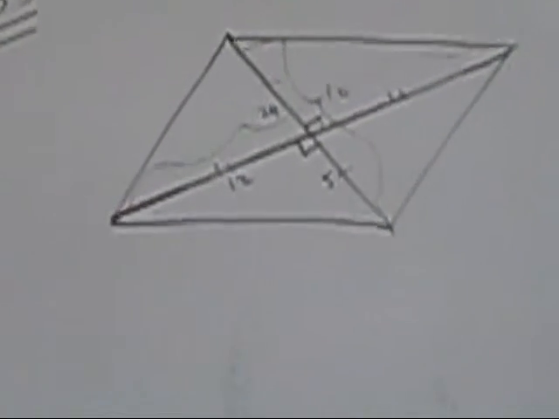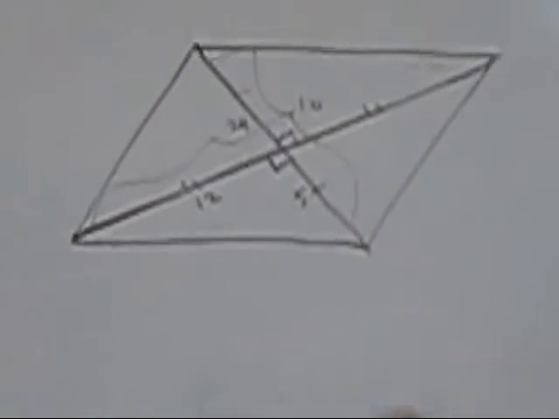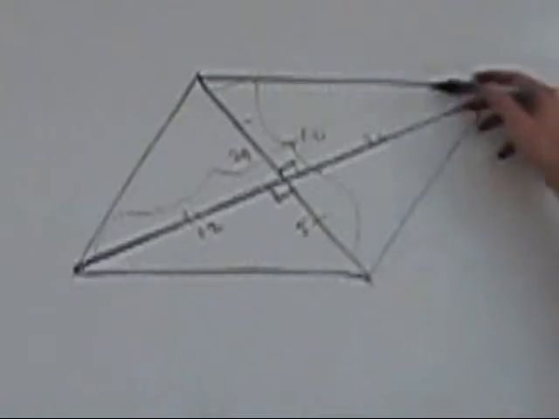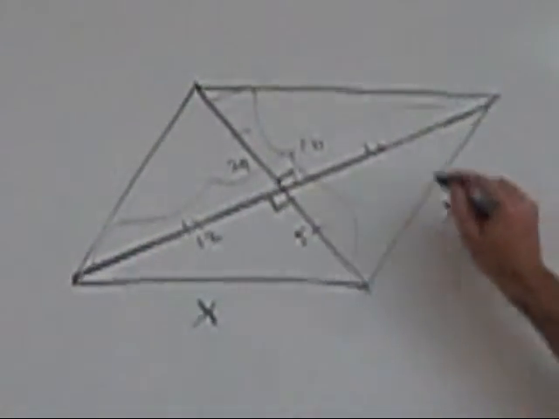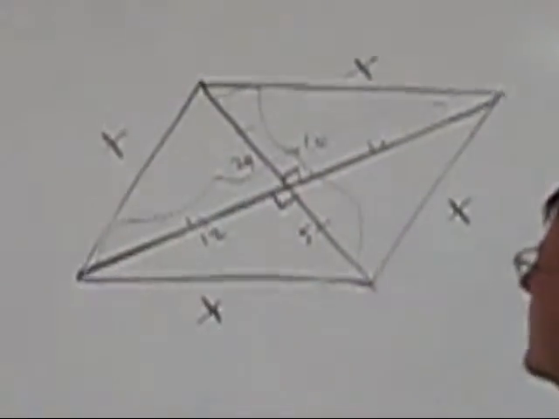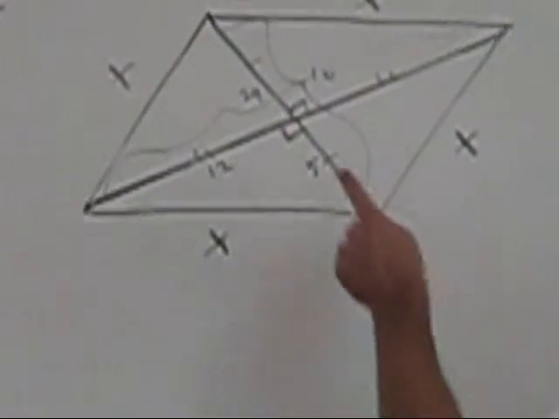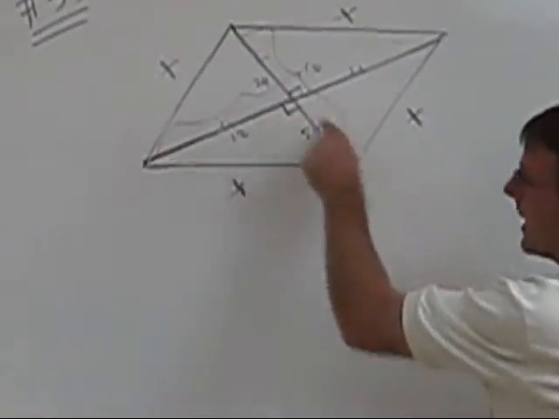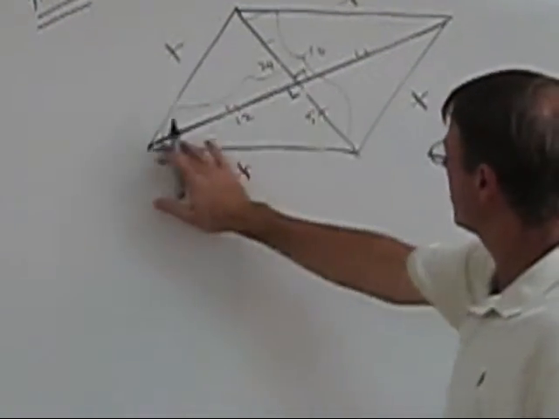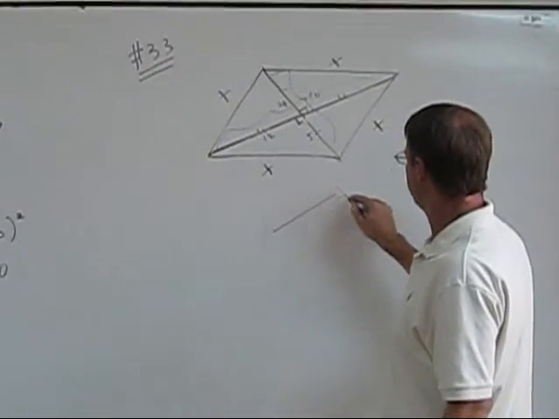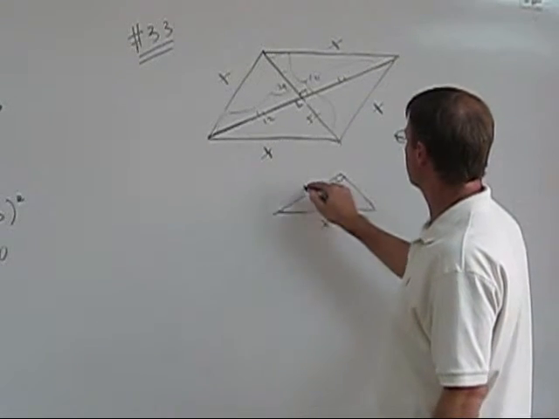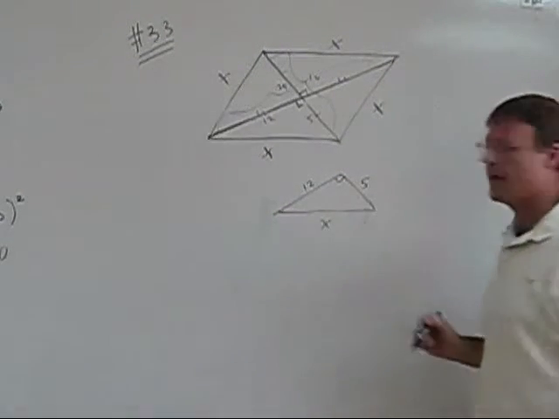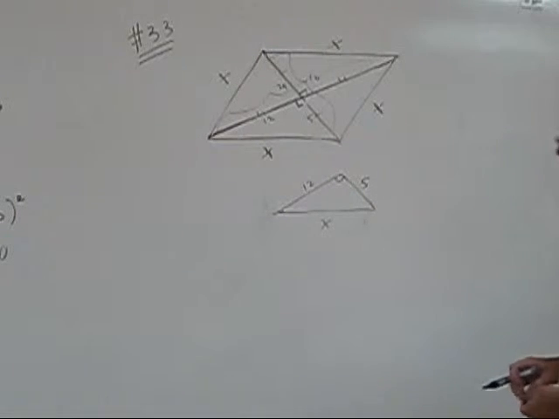Now, the problem's asking us for the perimeter, which means I need to add the lengths of the outside. So I don't know what that is yet, so let's call them all x. The nice thing about the rhombus is that you create this right triangle inside here. So if I look at this little triangle, it's like so. With a right angle, this is x, this is 12, this is 5, and now I can use the Pythagorean Theorem to find x.